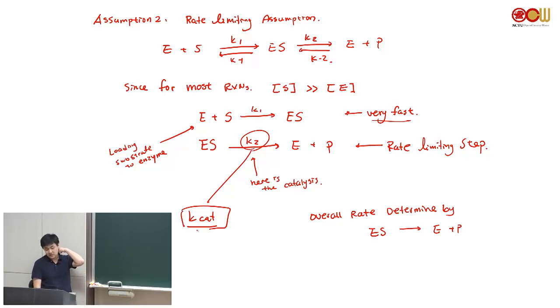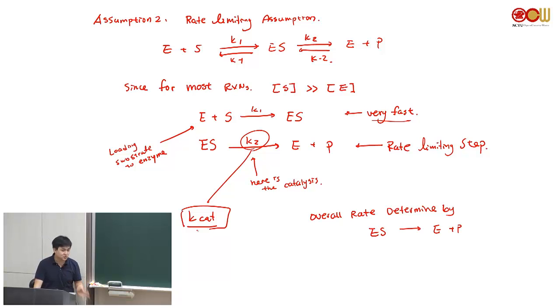Now, we went from assumption 1 that allows us to get rid of the EP, and then essentially simplify the overall reaction to E + S becoming ES becoming E + P. And then using the rate limiting assumption, we say that for the most part, substrate and enzyme concentration are very different, and you have a lot of substrate. So substrate will load onto the enzyme via diffusion, and that's a very fast process.